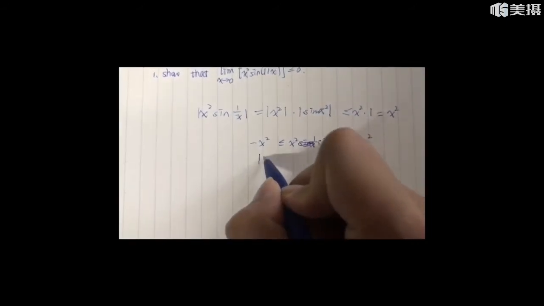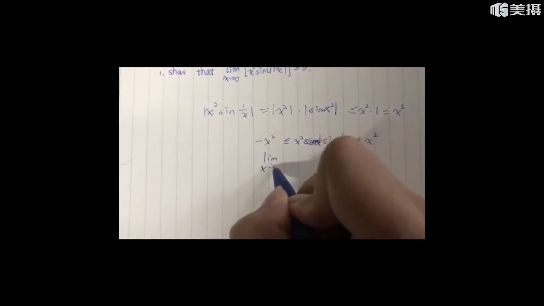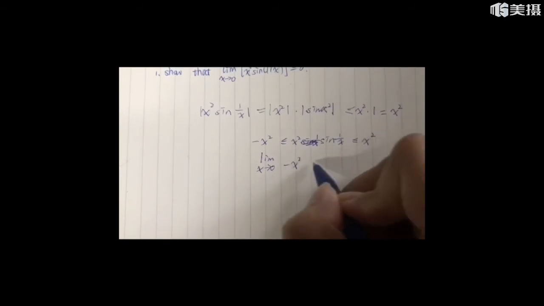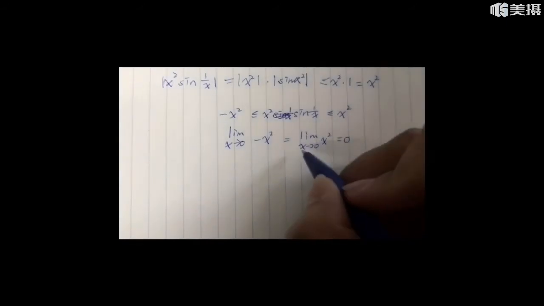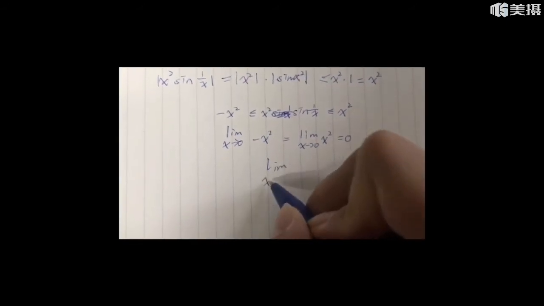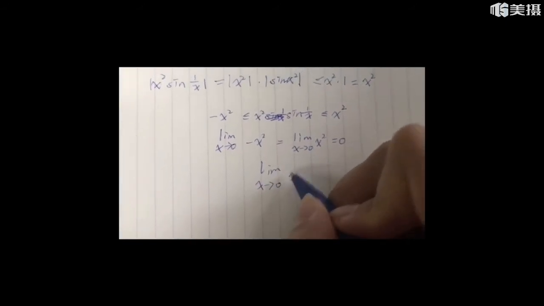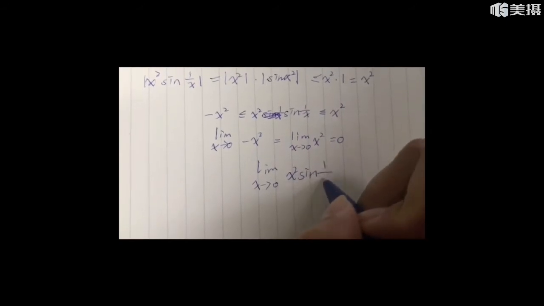So according to the sandwich theorem, when x approaches 0, the function x squared times sine of 1 over x equals 0.